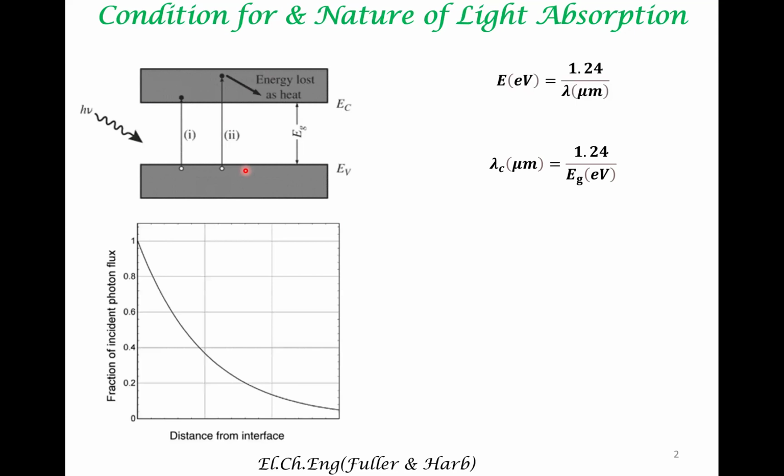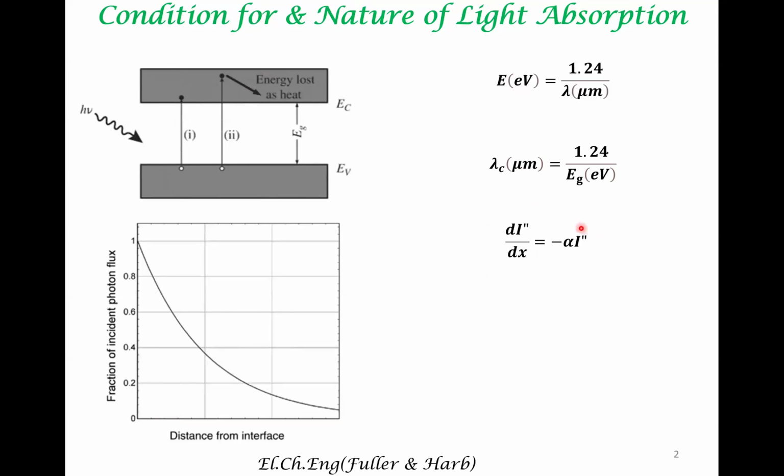This is one feature. Another feature is that the extent of photon absorption increases with the thickness of the semiconductor, right? The fraction of incident photon flux decreases as the light penetrates more and more into the solid. This can be mathematically represented in this manner.